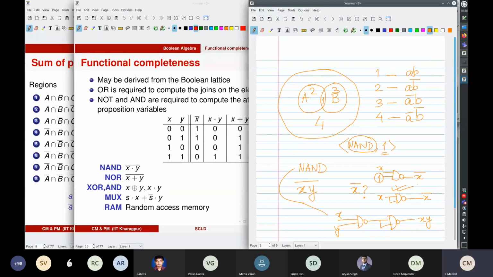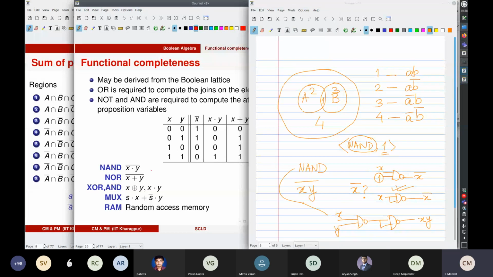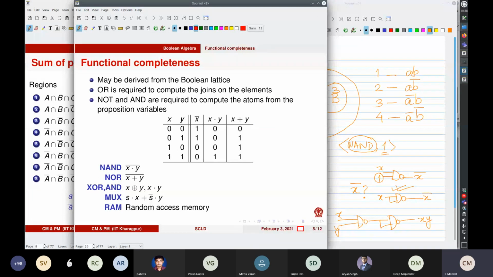By the same argument, NOR by itself is also functionally complete.